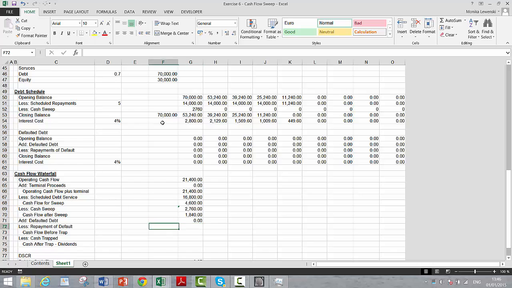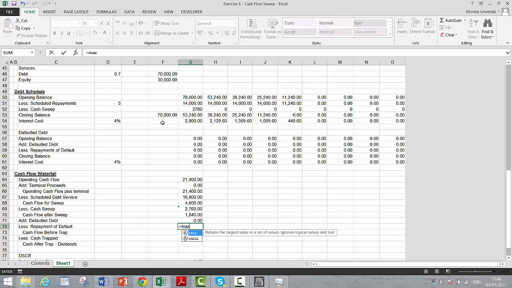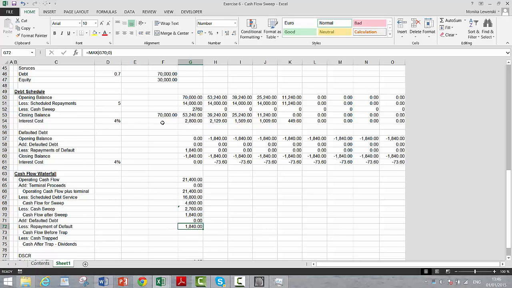Now if we have a default and this is positive, we put a maximum of this number or 0, but we haven't had a default yet because we need to make the minimum of the opening balance. We're not going to pay more than we have of the opening balance.